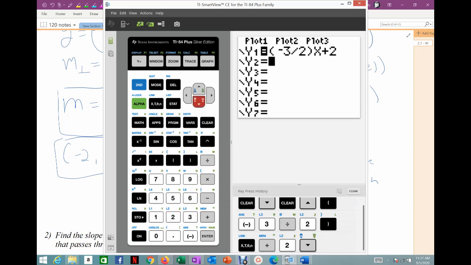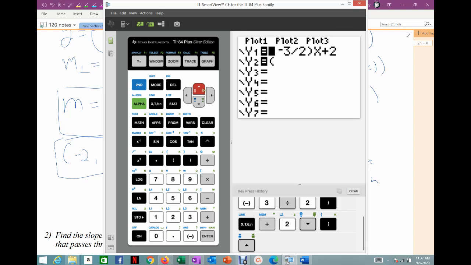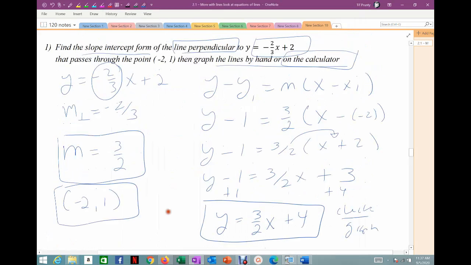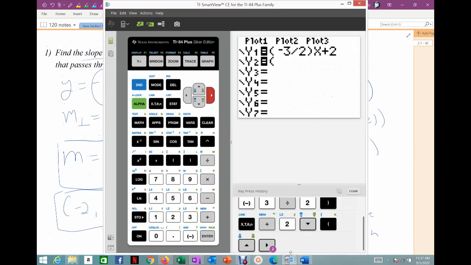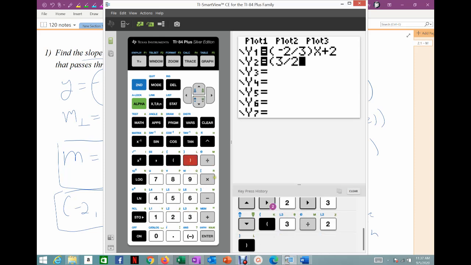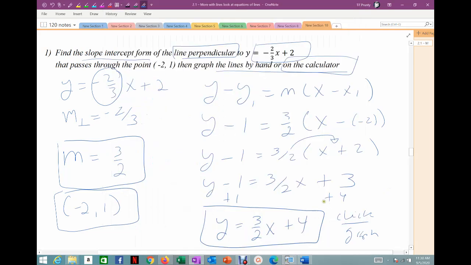And the second equation that I found was positive 3/2 x plus 4.